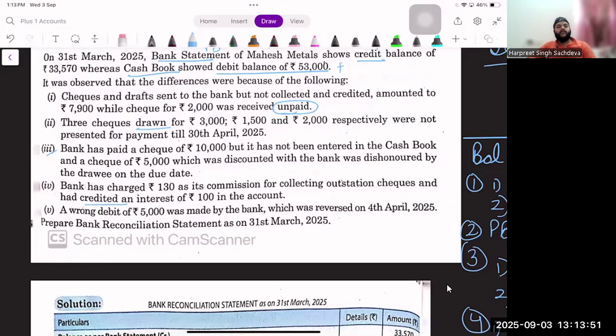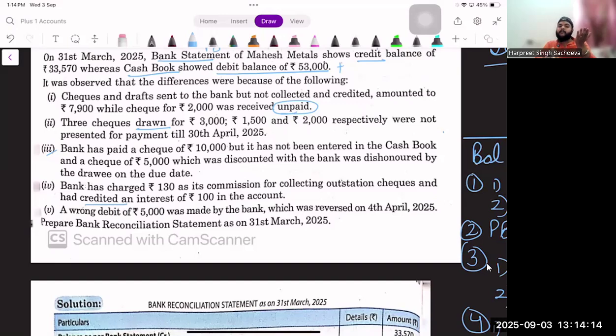Okay, Raja. So a wrong debit of 5,000 was made by the bank. Bank's debit. Positive, negative? Negative. Bank has charged, means gone. Which is greater? As per cash book.